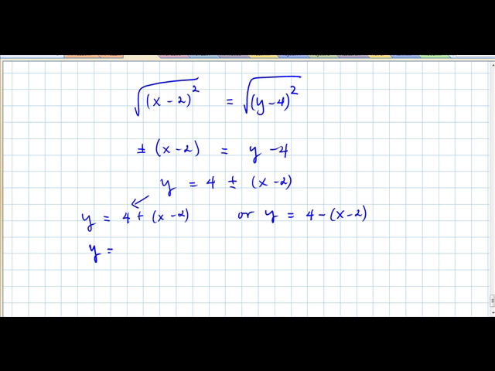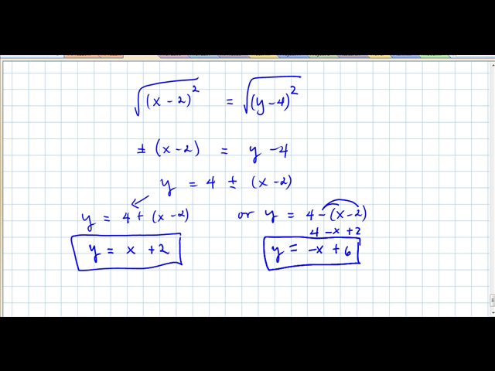So y equals, I have 4 minus 2 is 2, right here we have x plus 2. For the other, I distributed the minus inside the x minus 2, so I have plus 2 here. So I have minus x plus 6. So these are the two equations of the asymptotes, the lines of the asymptotes. That's how you do it without remembering the formula.